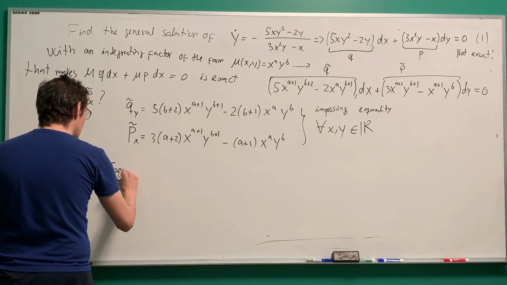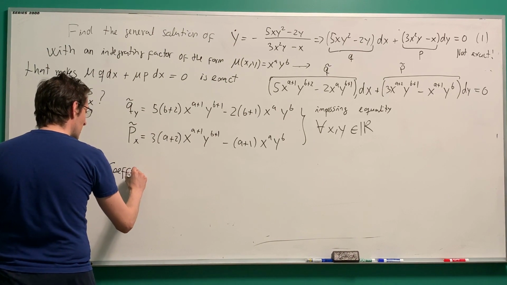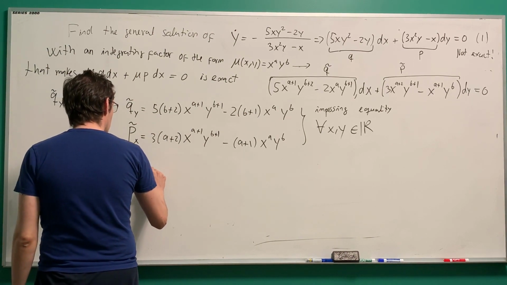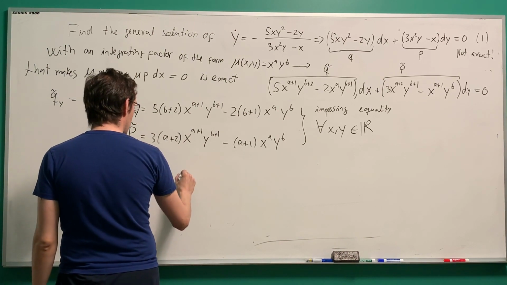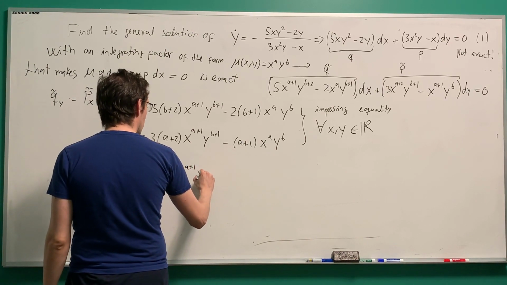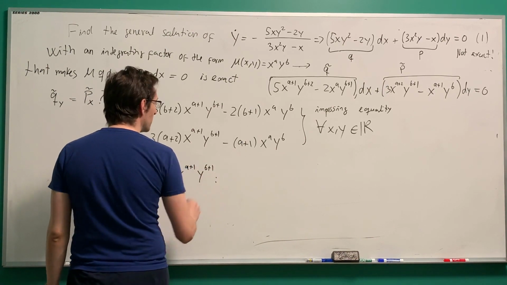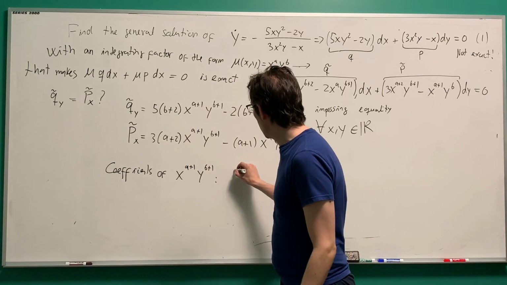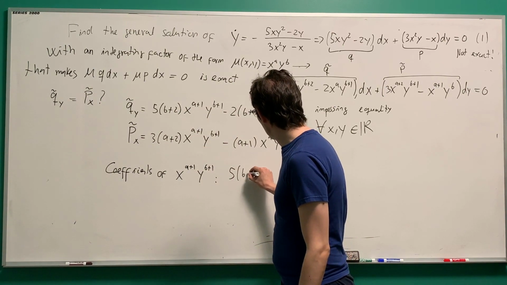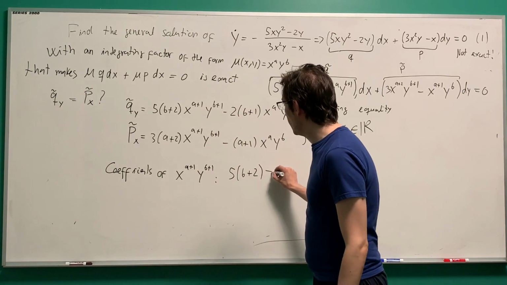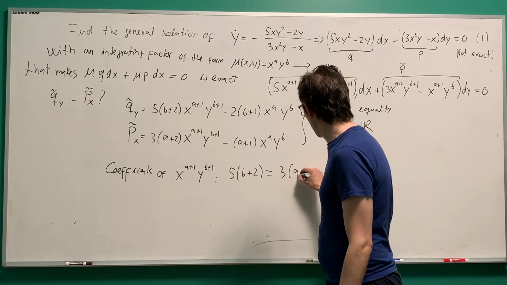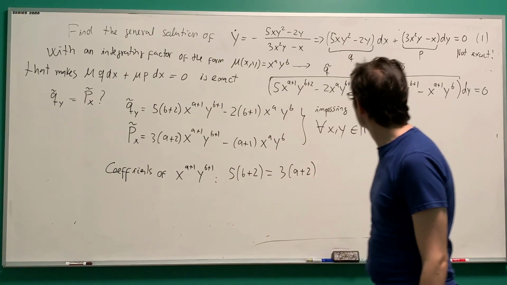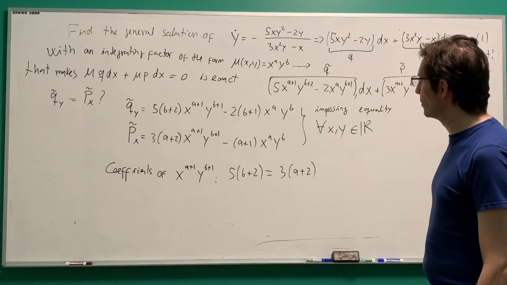So first, the coefficients of x to the a plus 1, y to the b plus 1. That gives me the following equation. Equating the 2, I get 5 times b plus 2 equals 3 times a plus 2. All right, wonderful.